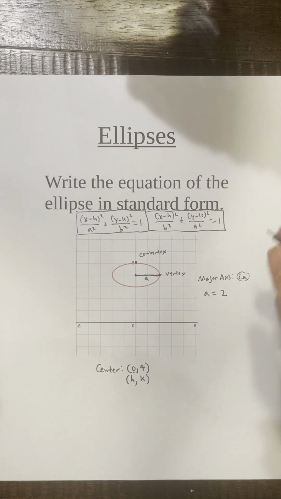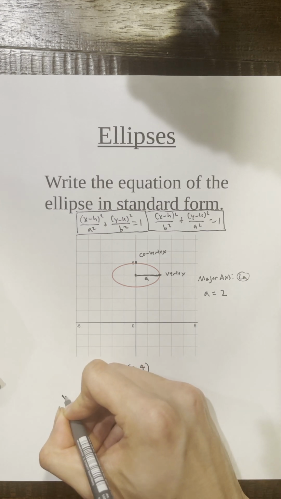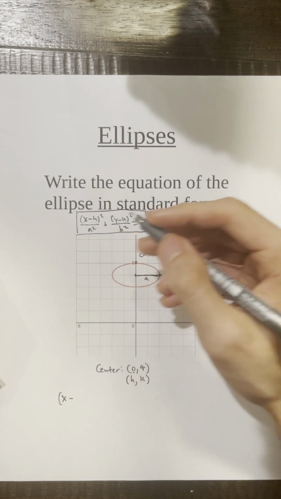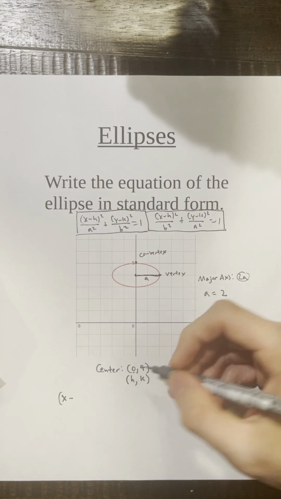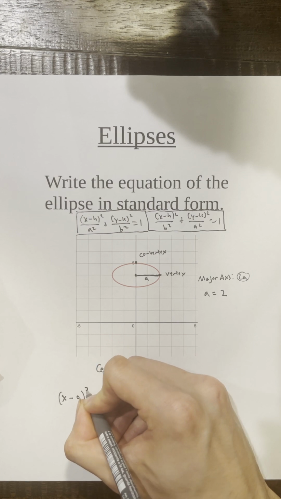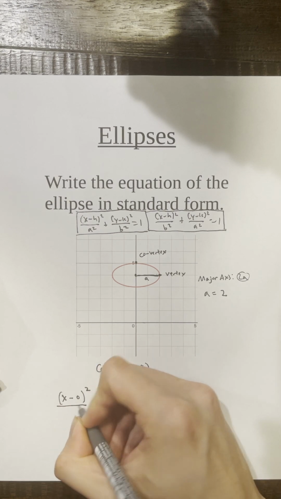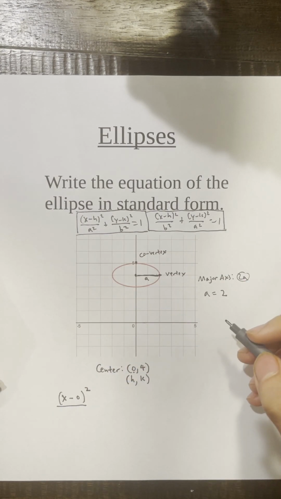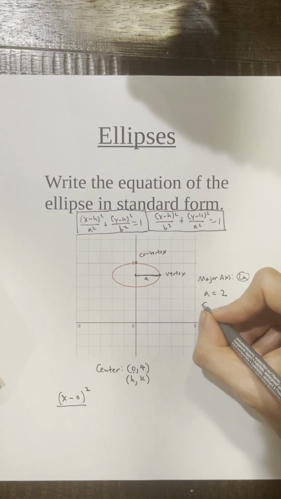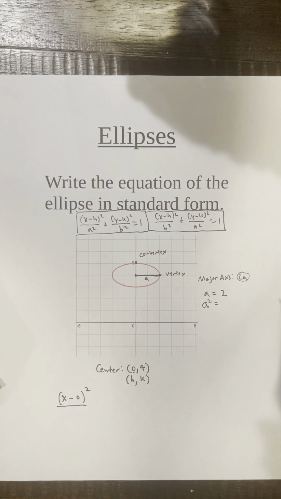Okay, let's get started. So I'm going to start copying this. So x minus h. h was how much again? h is 0. Okay, over a squared. We don't have a squared yet, but we have a. How can we get a squared? What do we need to do to both sides of this equation?